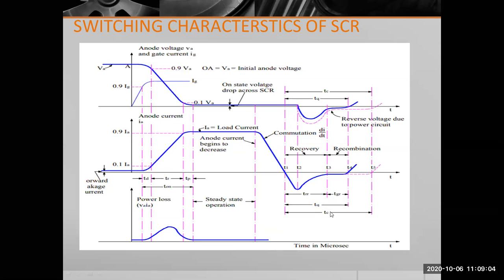For clear understanding, I am considering TC equal to TRR, the reverse recovery time. That means TC time is less than TQ. TC is nothing but the applied reverse voltage time, how much time you are applying it. TC less than TQ means we are applying a reverse voltage only up to a time before the recombination process.